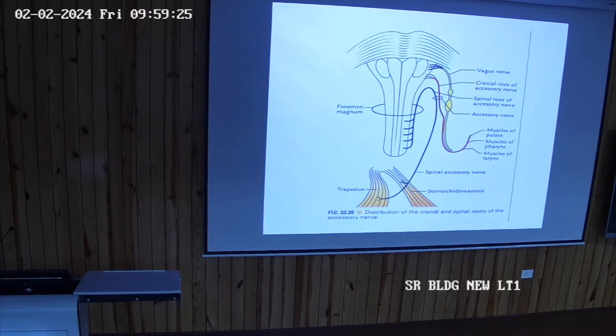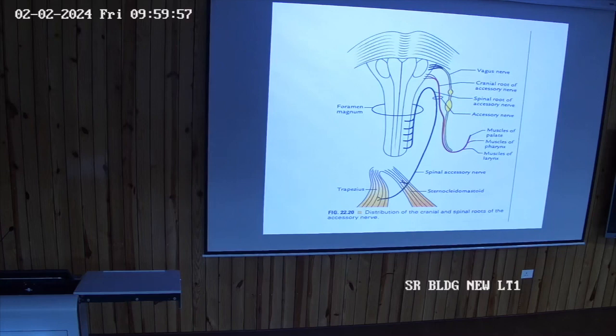Afterwards it comes into the posterior triangle of the neck, and at the upper 2/3 and lower 1/3 part of the sternocleidomastoid muscle, it pierces that and comes out, reaching the anterior border of the trapezius muscle. So it supplies the motor fibers to both the sternocleidomastoid muscle and the trapezius muscle.